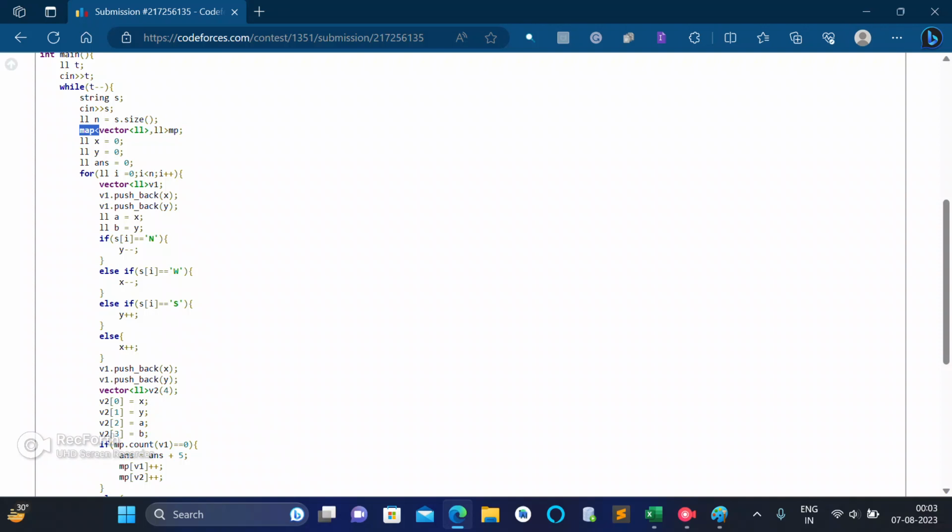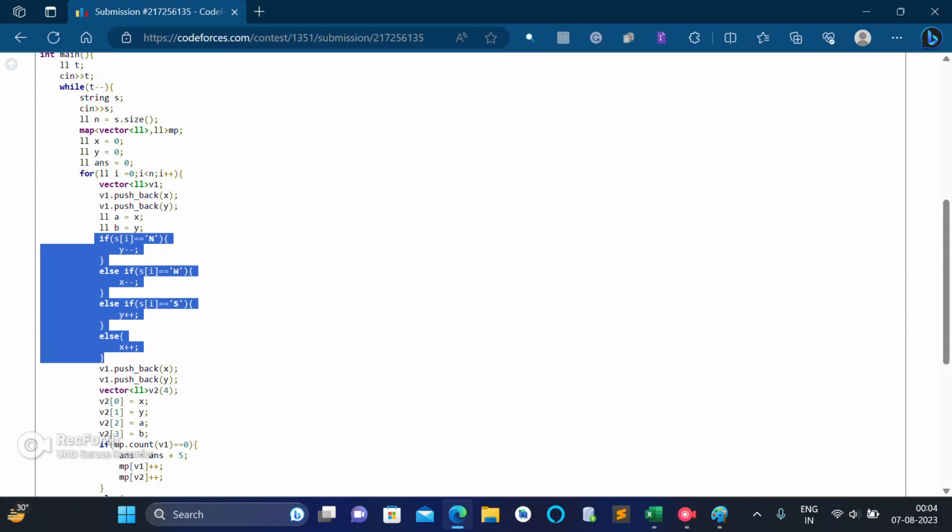Here you can see I made a map of vector and LL. I initialize x to 0 and y to 0. I am traversing the string, and I have pushed back x and y. That is, I am trying to make the forward path, and I have stored x and y in variable AV.